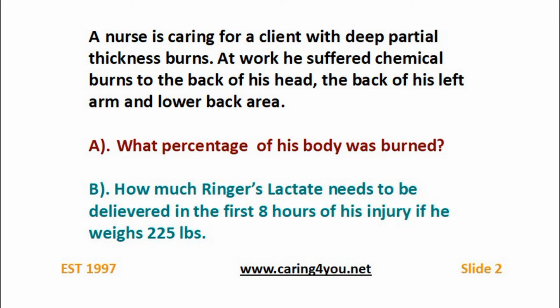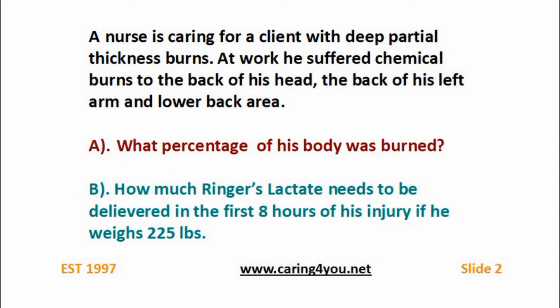We can also deduce that this is an adult because it says at work. A child does not go to work, right? So this is an adult with third-degree burns who has to go to a special wound center because of the chemical burn. Now, in order to find what percentage of his body was burned, we have to do the rule of nines.